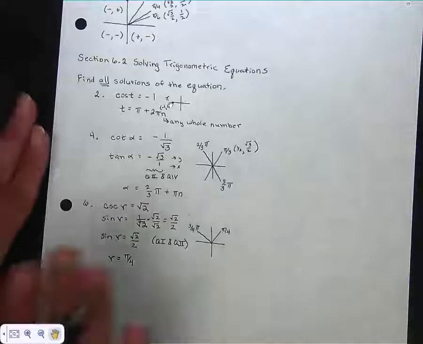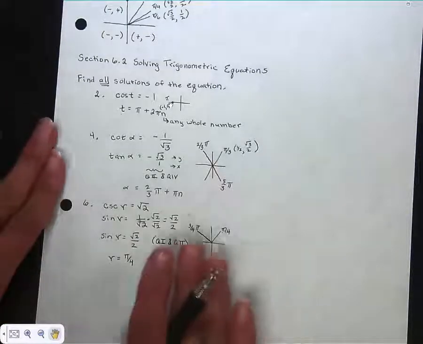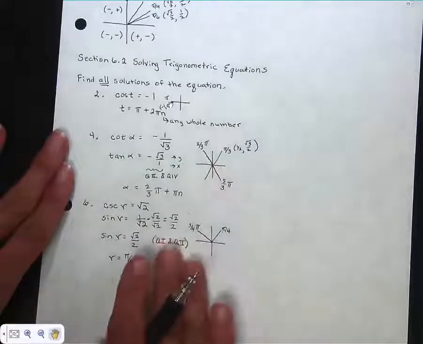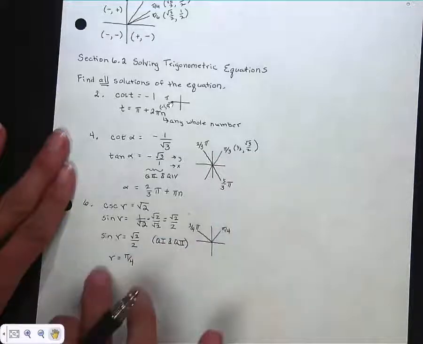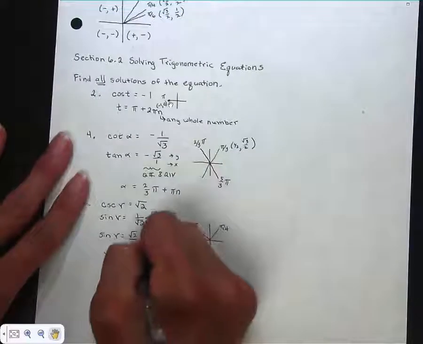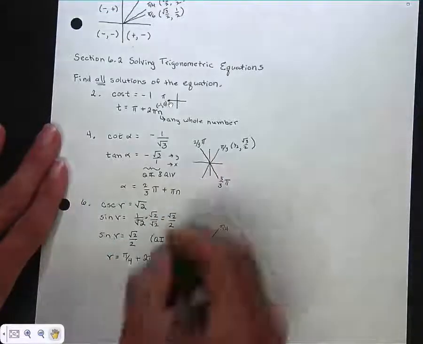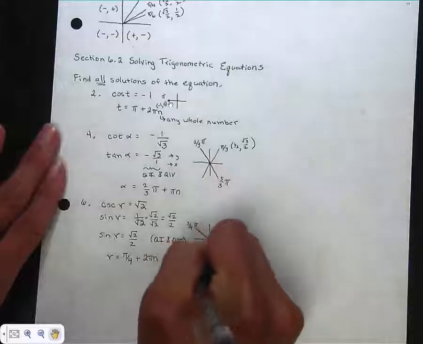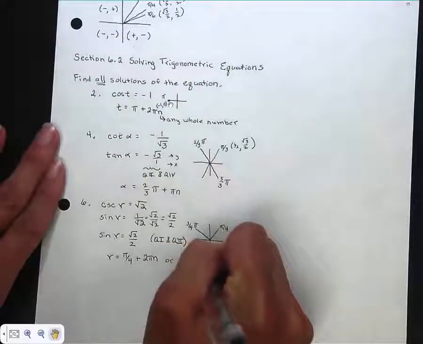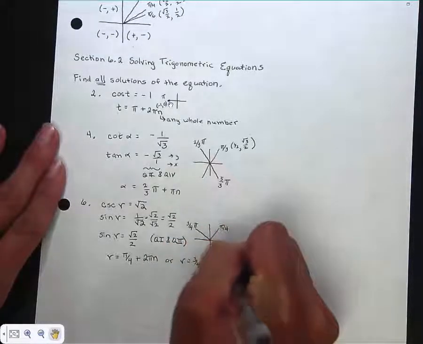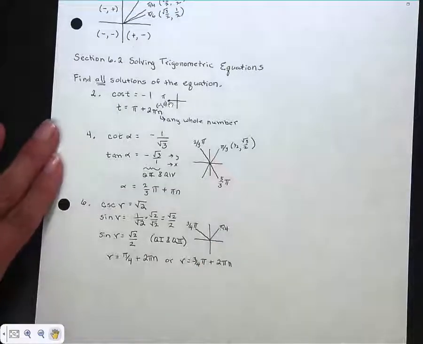So when dealing with sine and cosine, I need to write these solutions separately. I want to say gamma is a quarter pi plus all of its coterminal angles, or gamma is 3/4 pi plus all of its coterminal angles.